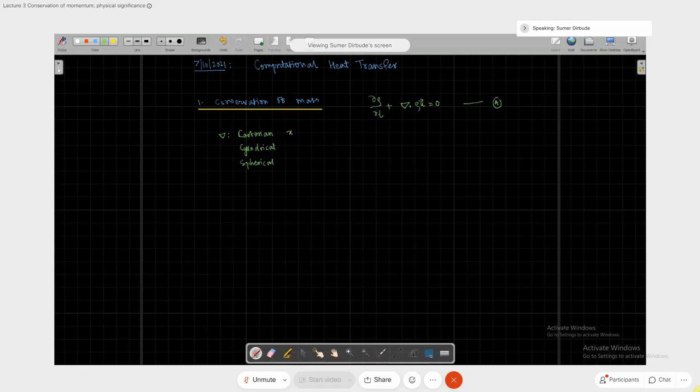Cartesian x, y, z system, cylindrical r, theta and z system, and spherical r, theta, phi system.